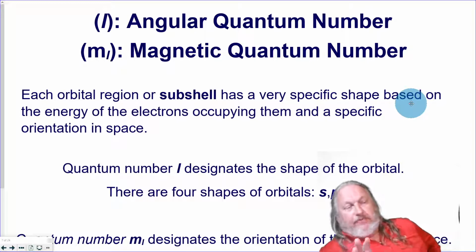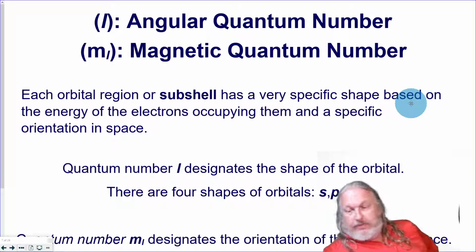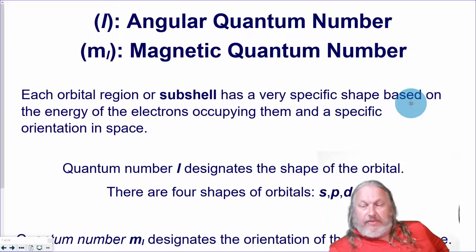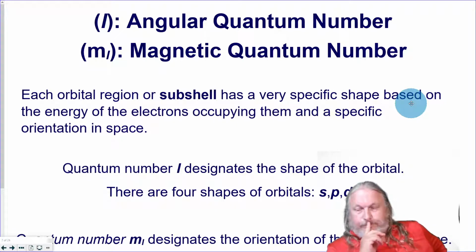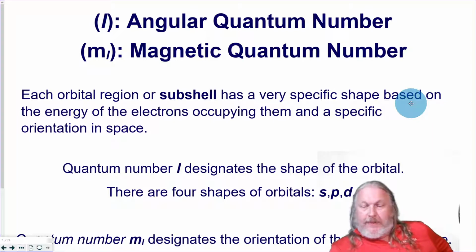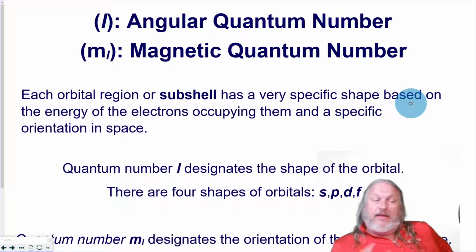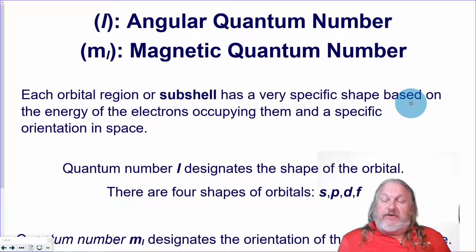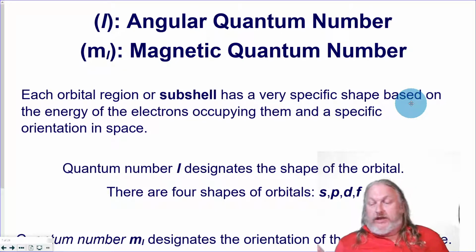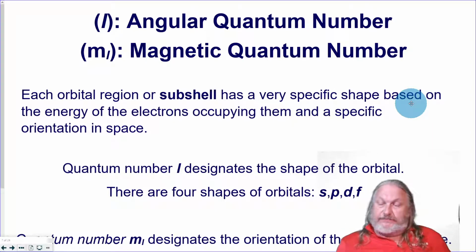Now let's talk about the L and the ML number, the angular quantum number and the magnetic quantum number. We've got the shells, and underneath each of these regions there are subshells, and each of these subshells has a very specific shape based on the energy of the electrons occupying them and their specific orientation in space.